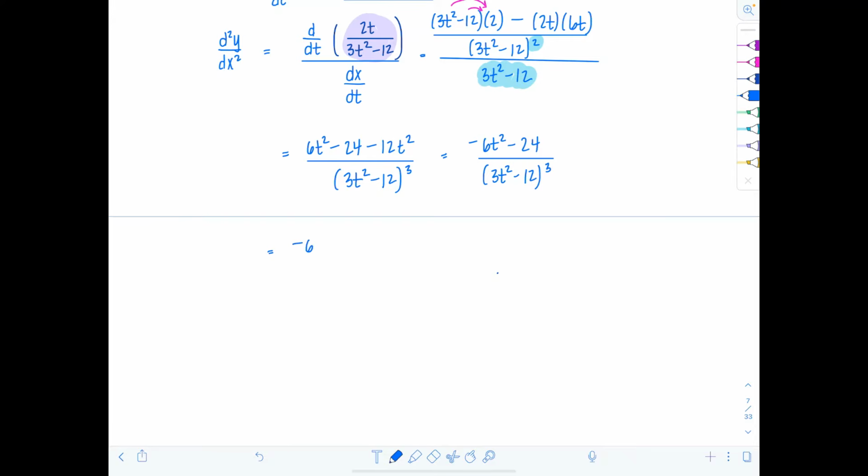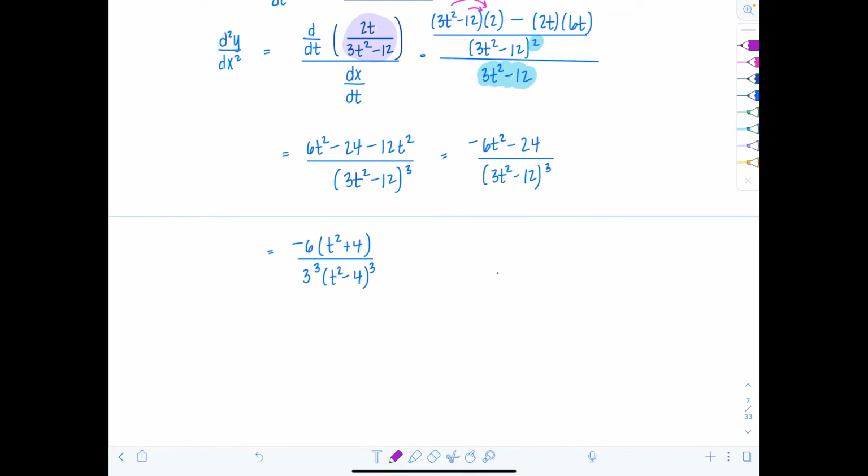So I could take out that negative 6, and then I have t squared plus 4 in the numerator over, now check out what I'm going to do in the denominator. I can take a 3 out, and then I have t squared minus 4 left, but this is all cubed. So I'm going to distribute that exponent to both the 3 and the t squared minus 4. Did you see that? So slick.